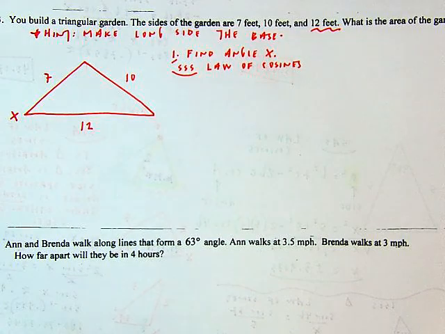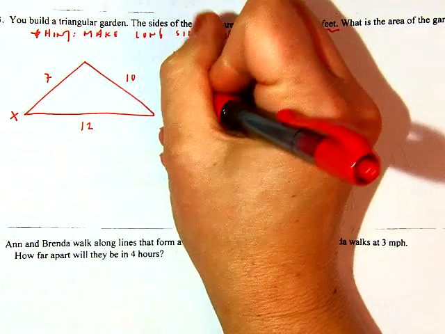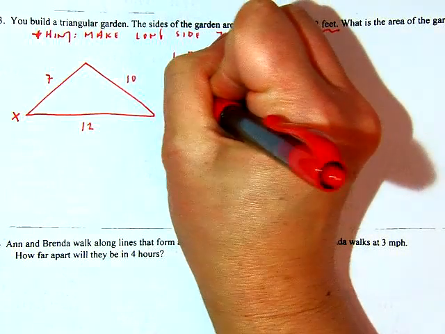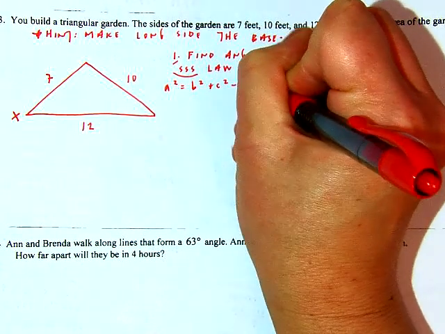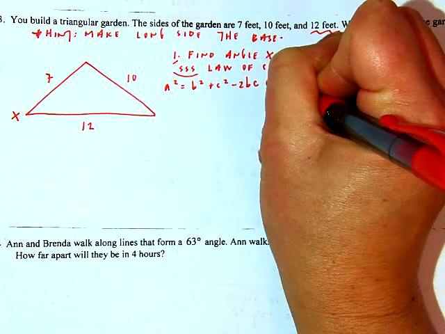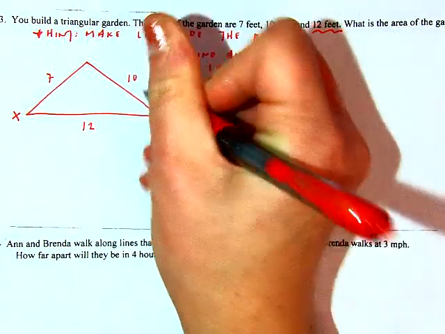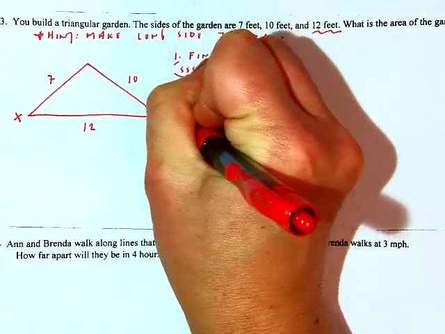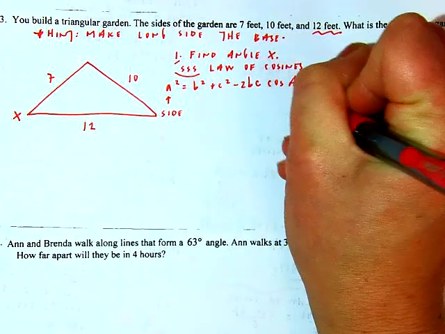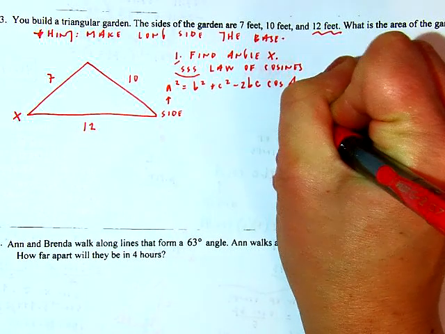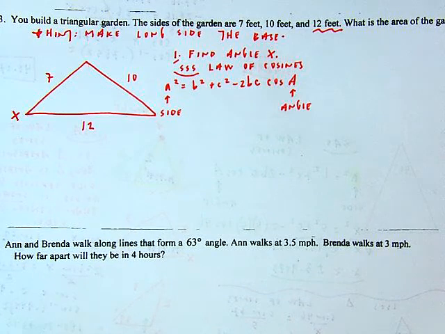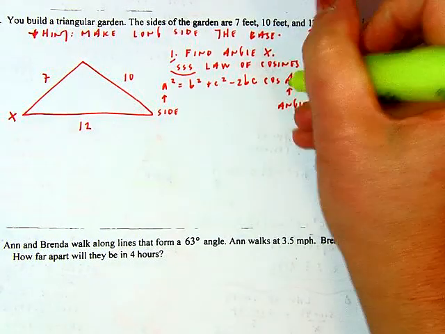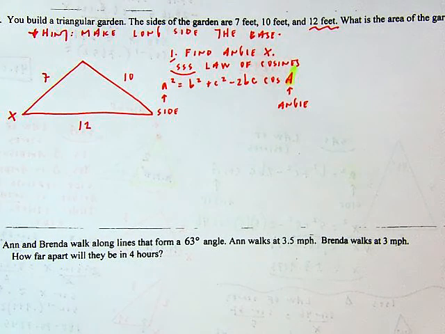Let's write that out one more time. a squared equals b squared plus c squared minus 2 times b times c times cosine A. And we're either getting a side or an angle. In this case, we're getting an angle, so we're solving for this part right here.